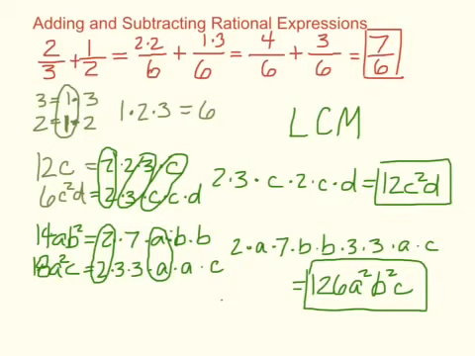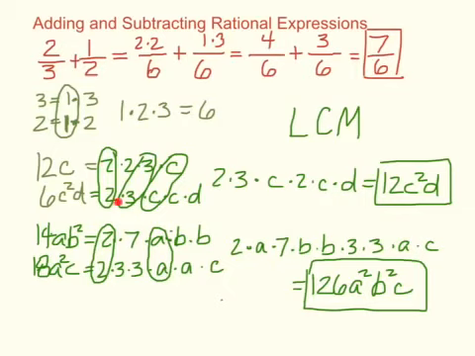If I'm trying to find the least common multiple of 12c and 6c squared d, I first factor 12c. If you want to think of a factor tree, you're welcome to use one. You'd end up with 2 times 2 times 3 times c. The factorization for 6c squared d would be 2 times 3 times c times c times d.